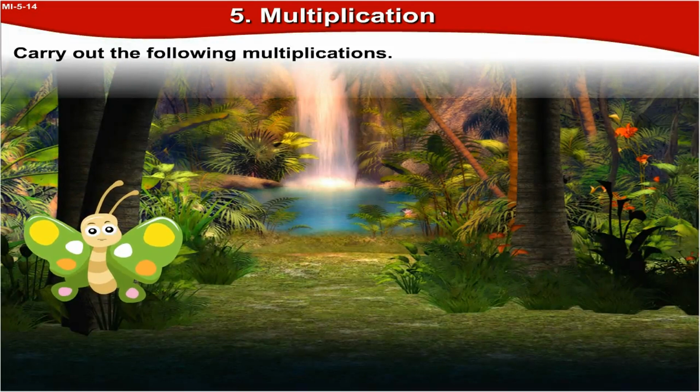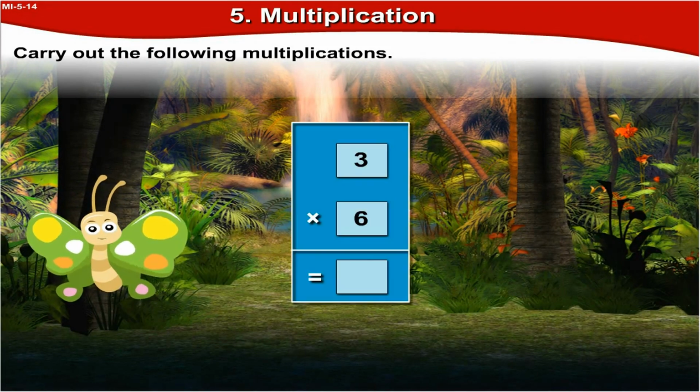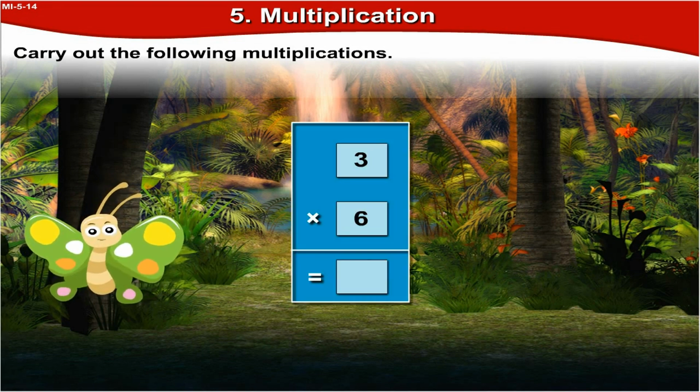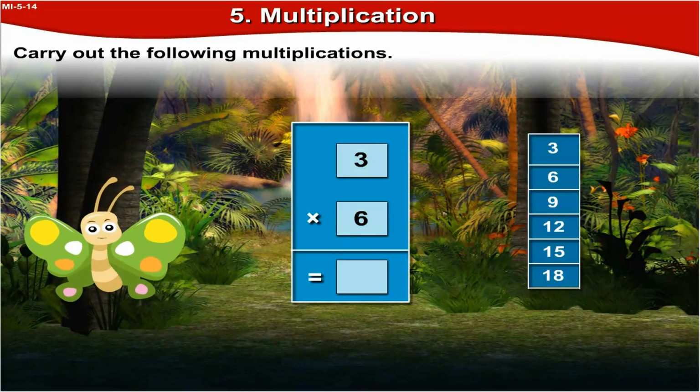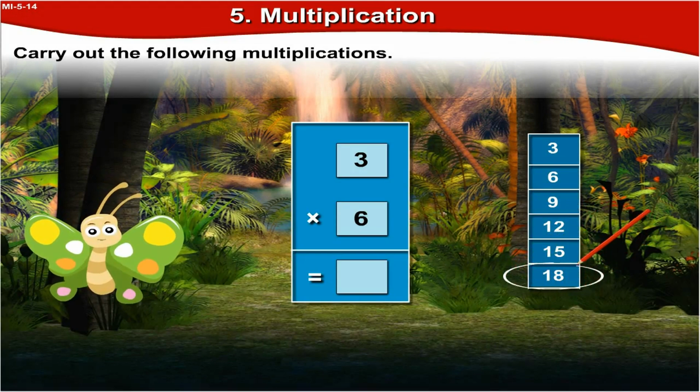Carry out the following multiplications. 3 multiplied by 6. 3 sixes are 18. So 3 multiplied by 6 is 18.